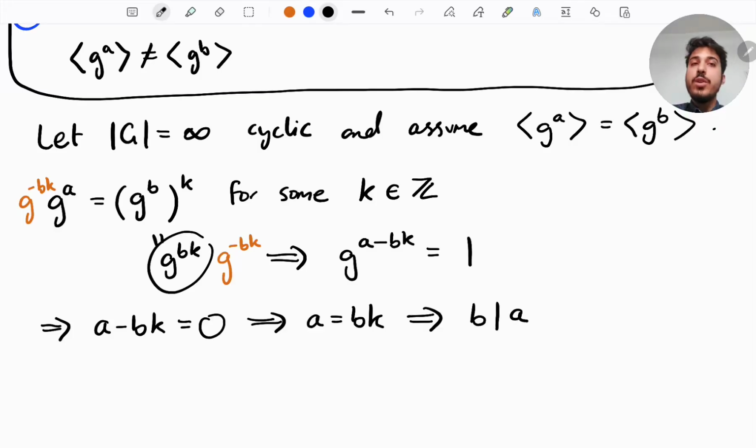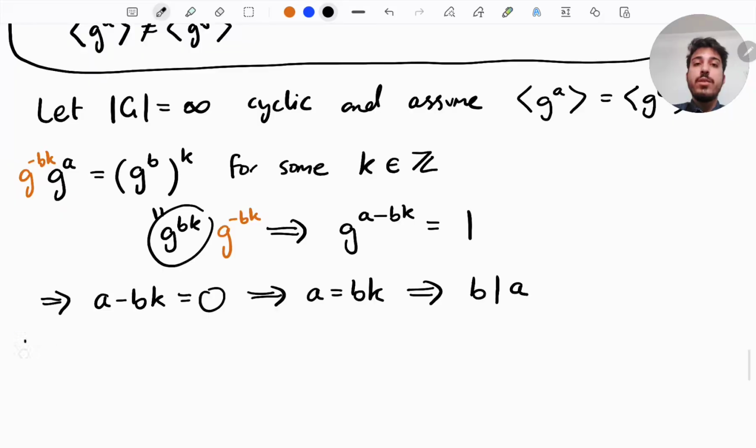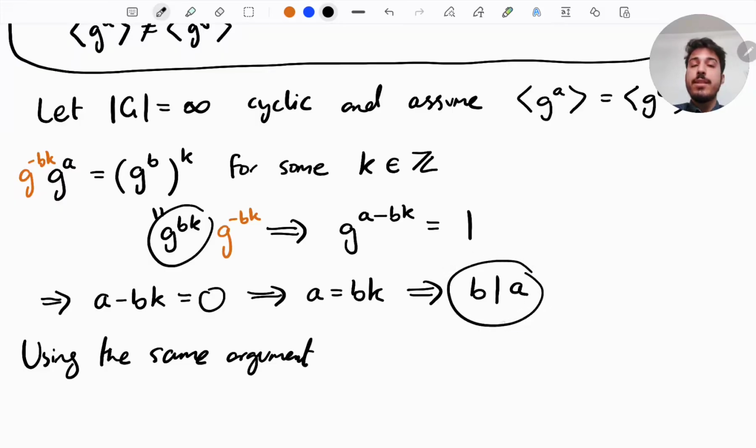Okay, we can use the same argument by taking an element from G to the B and saying that it's a power of G to the A. Using the same argument, we can arrive at a similar conclusion, except that the roles of B and A would be reversed.